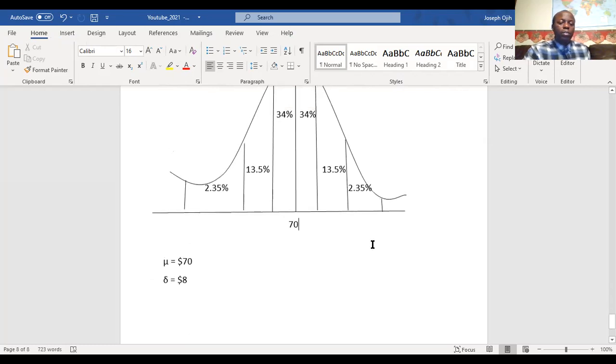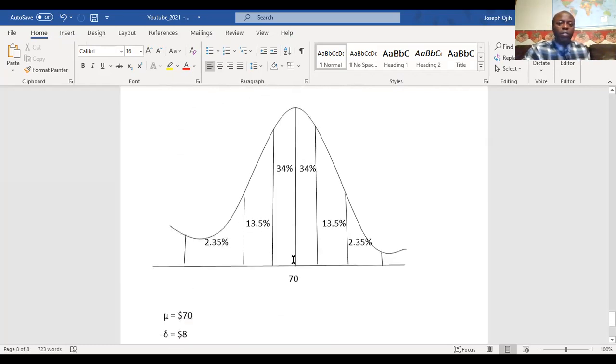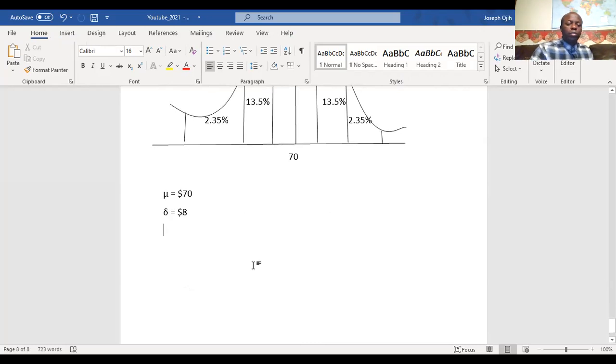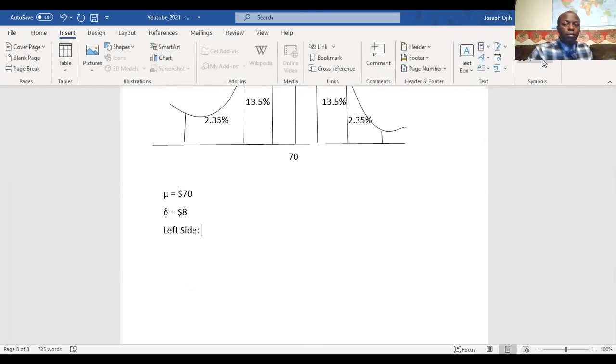Now we can get our values. First one is for one standard deviation. On the left side I have the mean minus one standard deviation, which is $70 minus $8. That will give us $62, I believe.